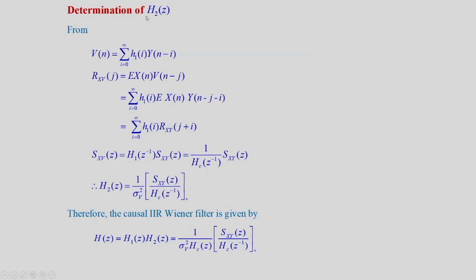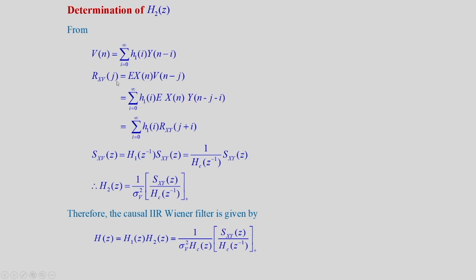So, how to determine H2z? We know that Vn is equal to summation i is equal to 0 to infinity h1i into y of n minus i. So, this is from the innovation representation of yn. So, we get this relationship, and taking the cross-correlation function, we will get rxv of j is equal to E of xn into Vn minus j.